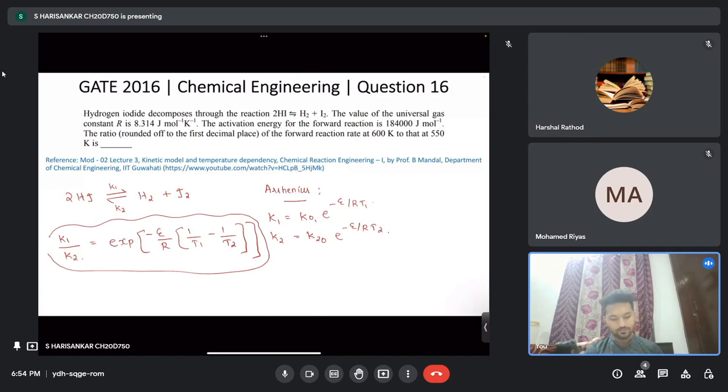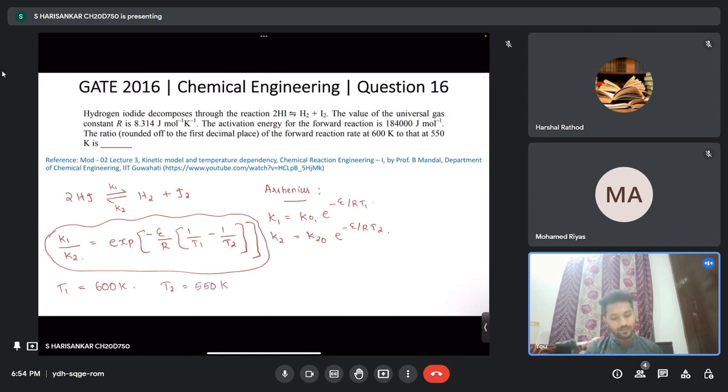So here the forward reaction happens at T1, which is 600 Kelvin, and the backward reaction happens at T2, which is 550 Kelvin.